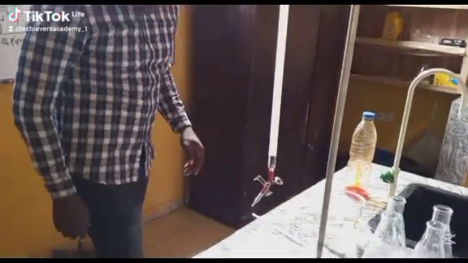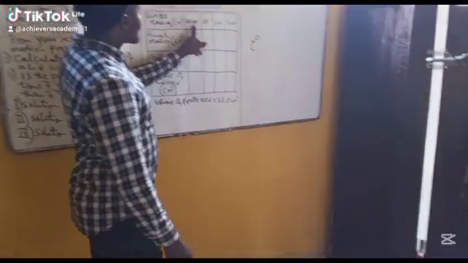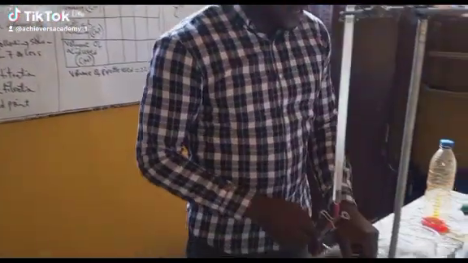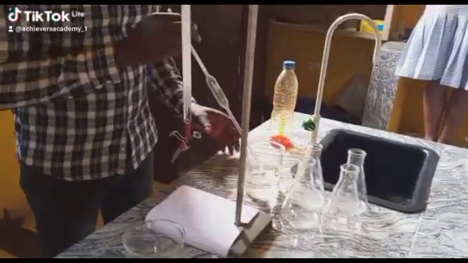When you look at the table of observation, how many times are we going to perform this practical? 4 times. You rub the first, second, and third. That's why I'm saying 4 conical flasks here. So, of course, I've taught you how to pipette, right?